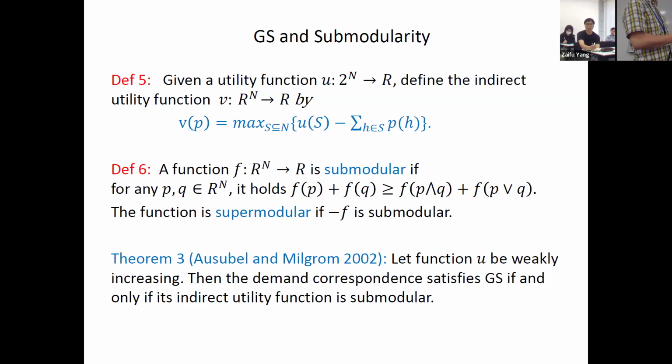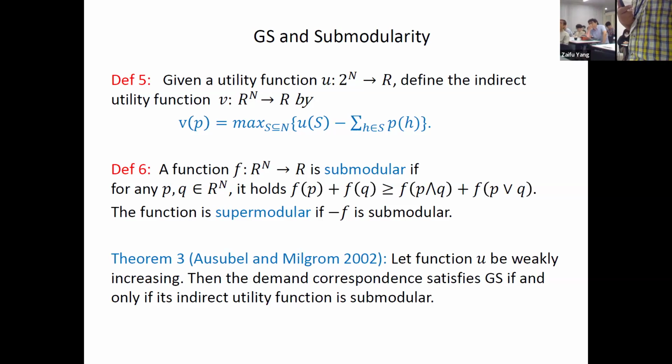You have a submodular function. What Ausubel and Milgrom proved is that the demand correspondence satisfies GS if and only if the indirect utility function is submodular. This is also a very interesting and elegant result. They prove this by using the envelope theorem.